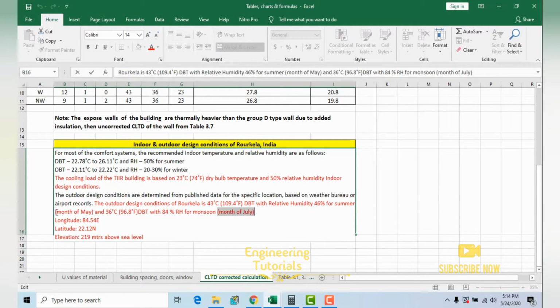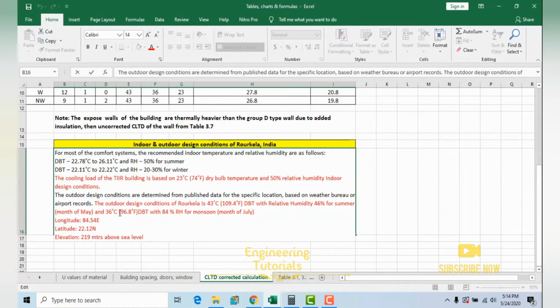This is very important to know that for summer the design month is May, and for monsoon the design month is July. And longitude is 84.54 east, and latitude is 22.12 degree north, and elevation is 219 meters above sea level.